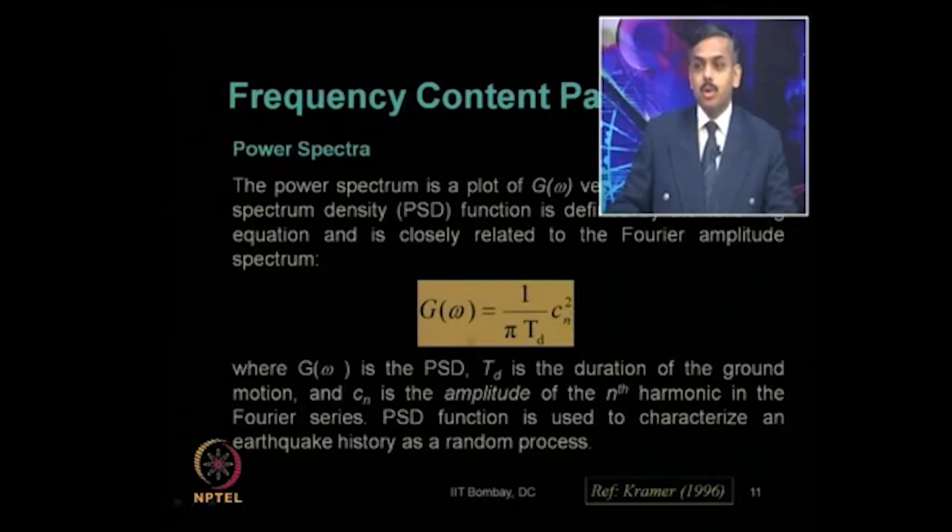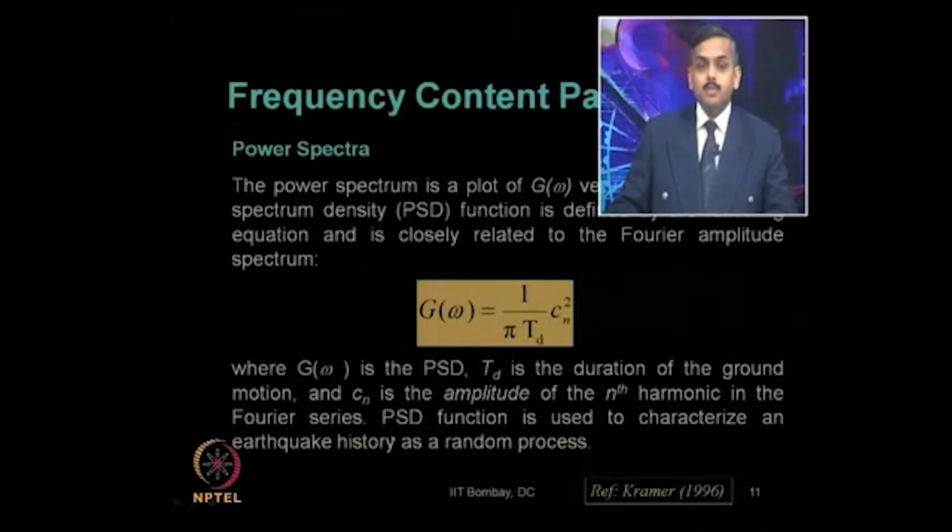As we know, omega n and T d are correlated, like time period and frequency. And C n is the displacement amplitude of the nth harmonic in the Fourier series, which we have already discussed while discussing the Fourier series spectra.